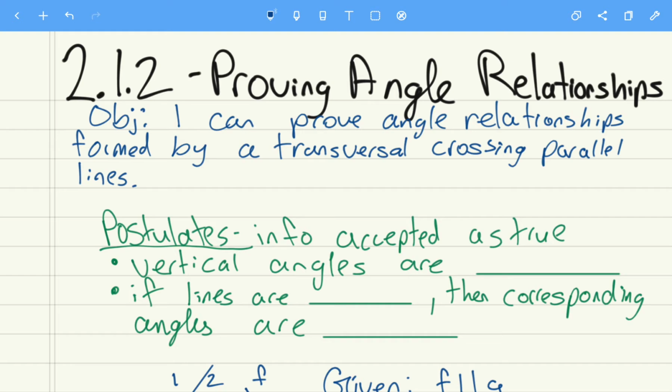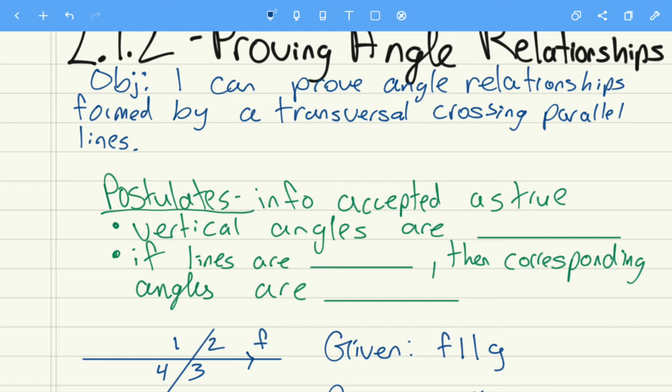So before we begin, there's a term I want to cover, and that is postulates. This is information that we accept as true, and these will form the basis for our proofs.